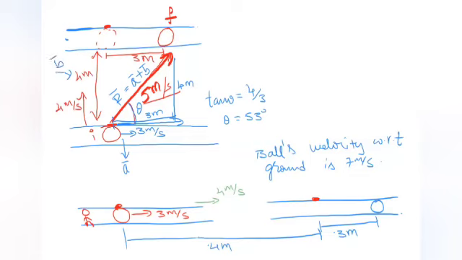Now the same way we are going to see one more case. Let us say you have a pipe and you have a ball inside the pipe, and this ball is moving with 3 meter per second inside the pipe, and this pipe itself is moving with 4 meter per second like this.